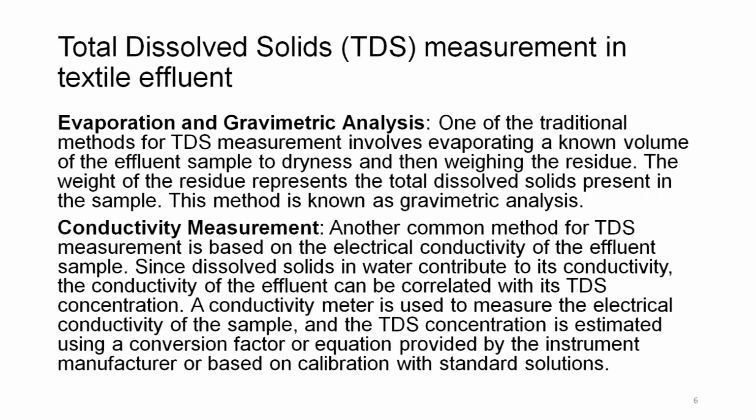A conductivity meter is used to measure the electrical conductivity of the sample, and the TDS concentration is estimated using a conversion factor or equation provided by the instrument's manufacturer or based on calibration with standard solution. So, it is a very straightforward analysis using a conductometer, and it is correlated with the presence of the TDS or the dissolved solids in the solution.